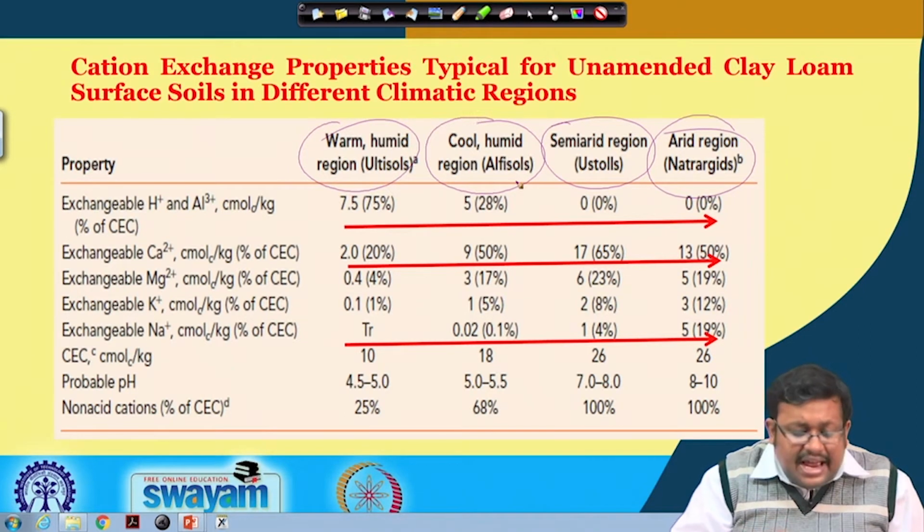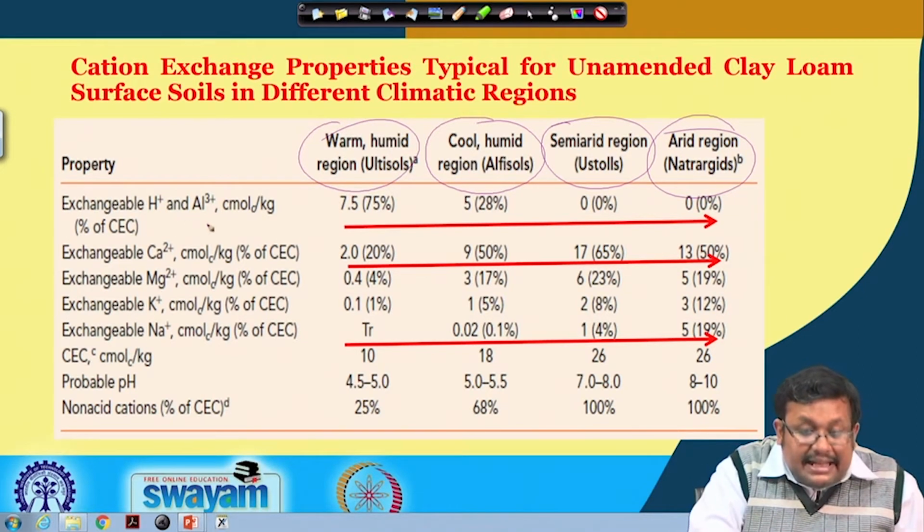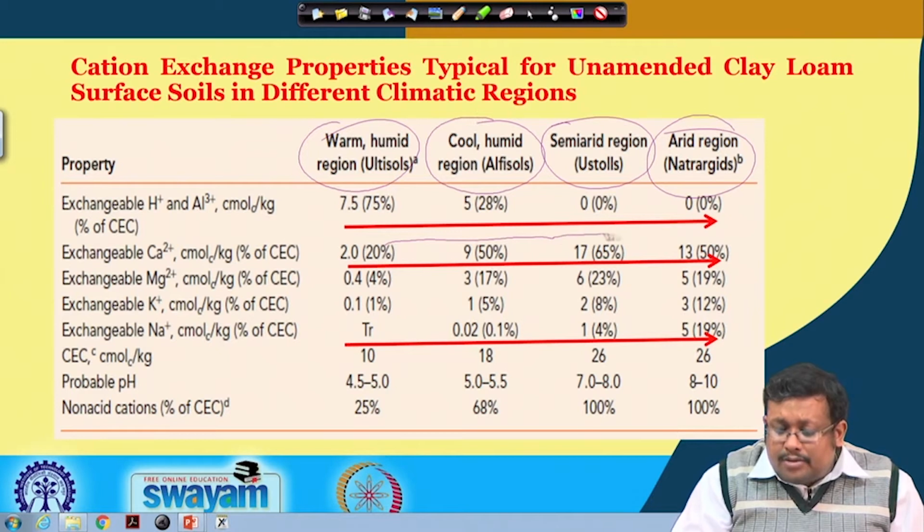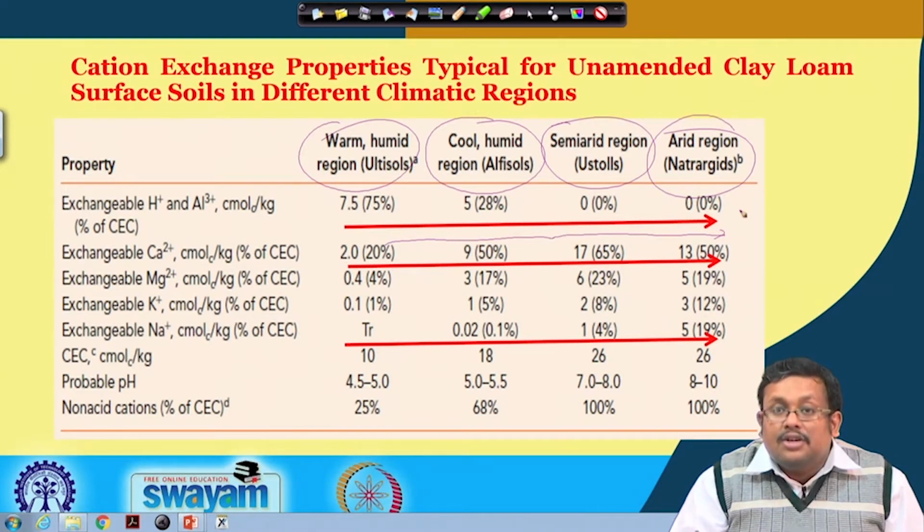If you see the trend, the exchangeable H plus and Al3 plus will be continuously reducing from warm humid region to cool humid to semi-arid and arid region: 75% to 28% to almost 0%.